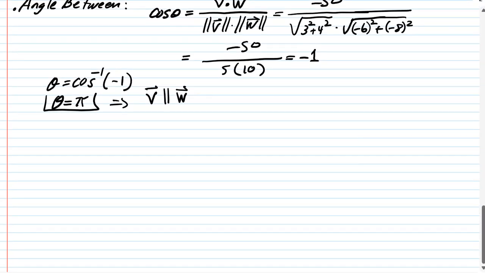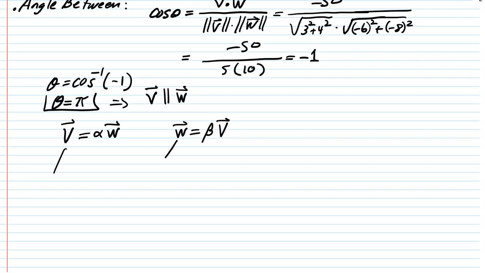So in terms of the definition of parallel vectors, remember, I can write one as a constant multiple of the other. And it doesn't matter. You can go w is, let's go beta, so it's a different scalar now. That's what parallel means. You can write one as a scalar multiple of the other. So now remember, my vector v is 3, 4, and w was negative 6, negative 8, correct? Let's find that scalar multiple in this case.